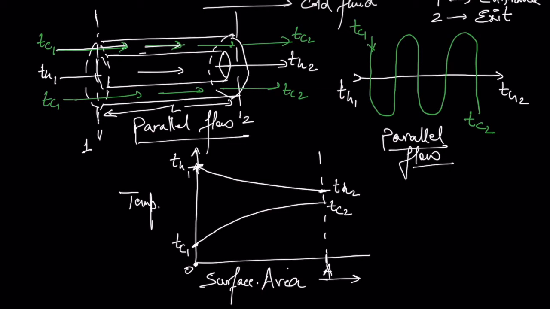Okay, so you can do one thing, don't denote with the small t, denote with a capital T. Let me write capital T everywhere: capital TC1, TC1, TC2, TC2.